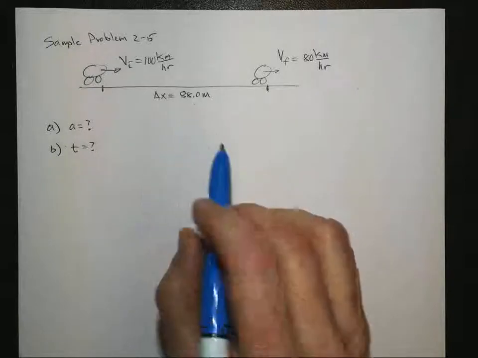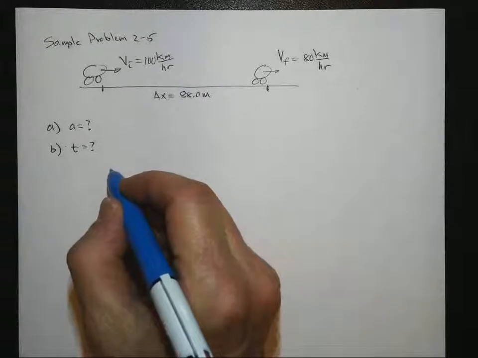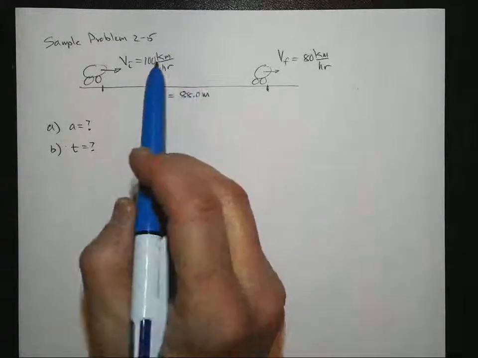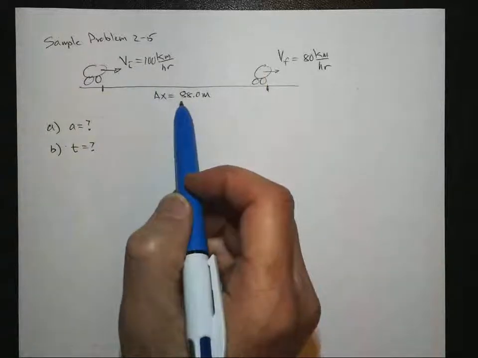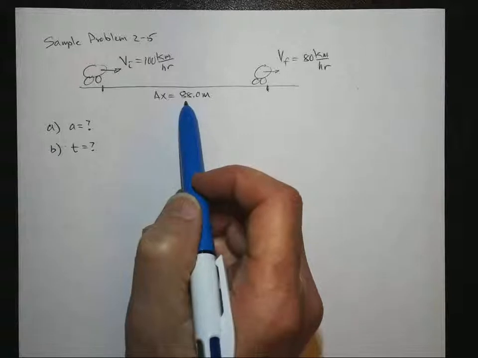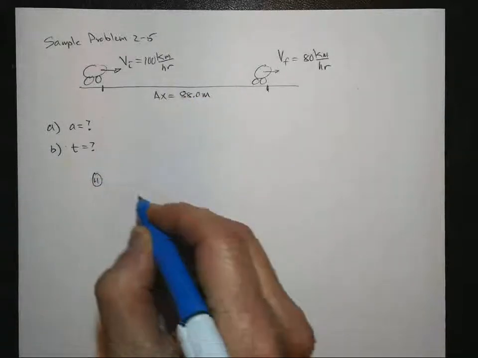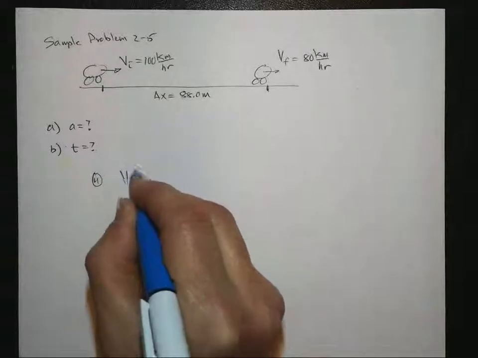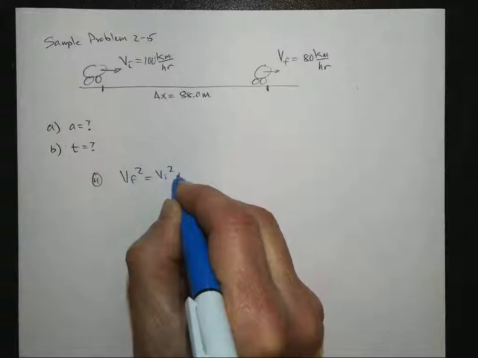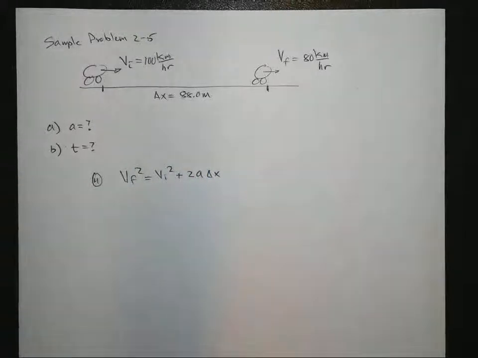What equation might work? If you look at your equation sheet of the four equations for uniform acceleration, you don't know the time, but you know the two velocities and the displacement. So the equation that would pop out would be equation 4: the final velocity squared equals the initial velocity squared plus 2 times the acceleration times the displacement delta x.